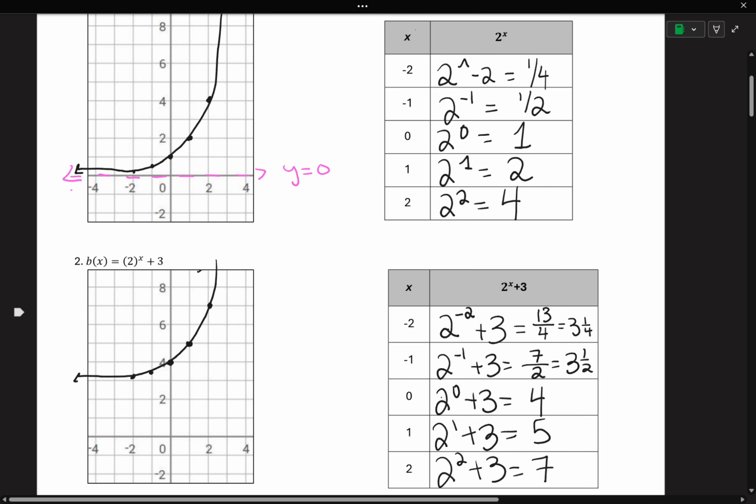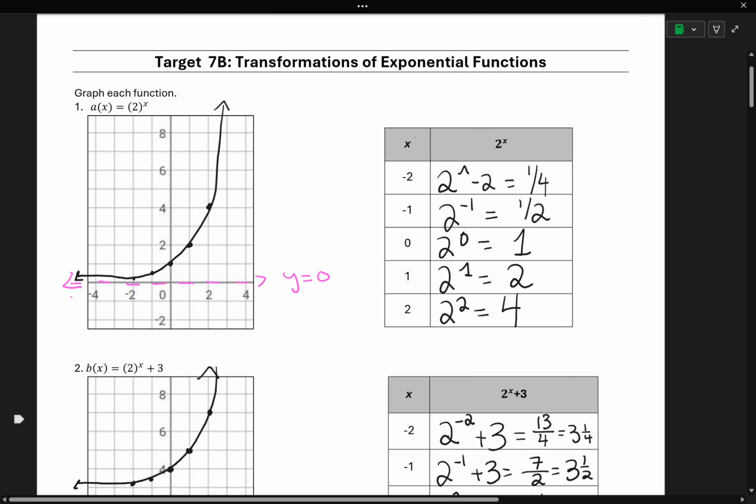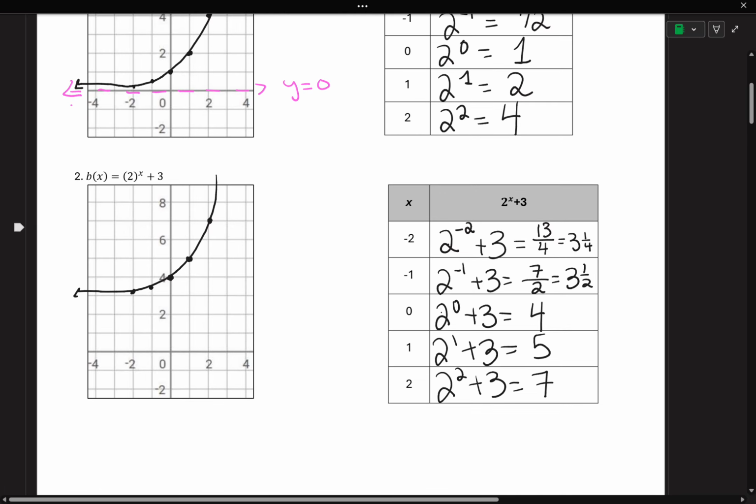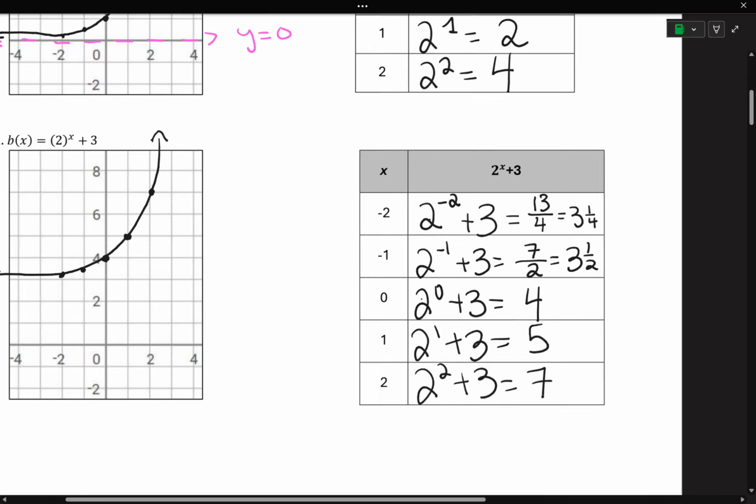It looks like we took the graph in letter A and we scooted it up. And that's exactly what happened. That means that we're going to be flattening instead of at 0, we're going to be flattening at 3. Here's how I know we're going to flatten at 3. Take a look at the table.